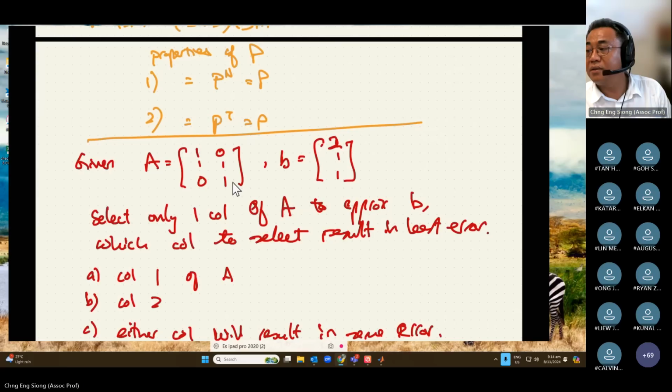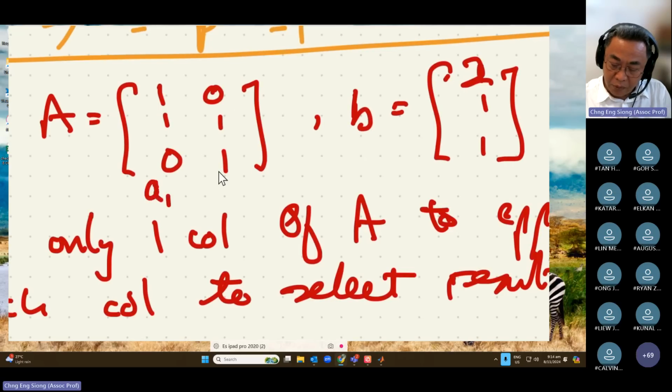Anybody? No, you guys got it wrong. Okay, let's repeat. A is now 1, 1, 0, 0, 1, 1. We call this A1, and we call the second row A2. A1 is 1, 1, 0, A2 is 0, 1, 1.